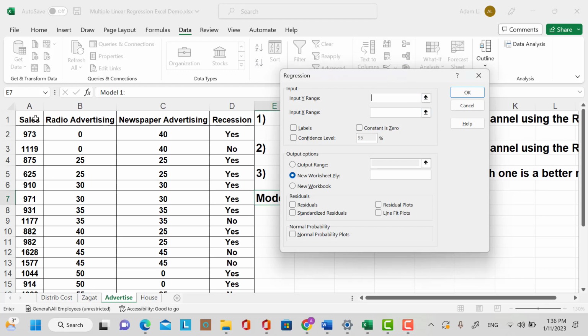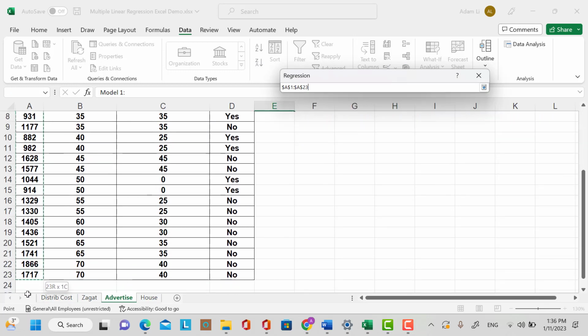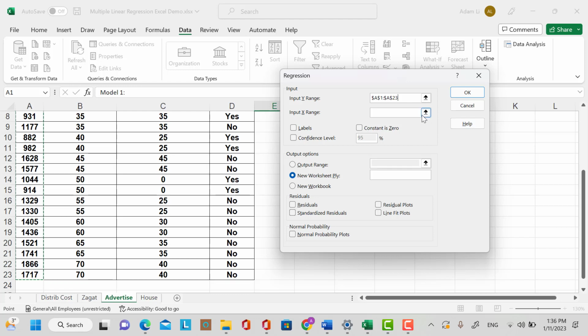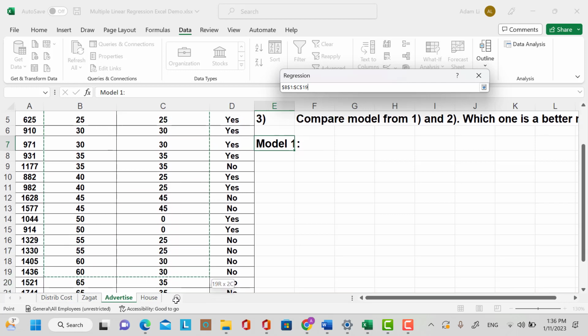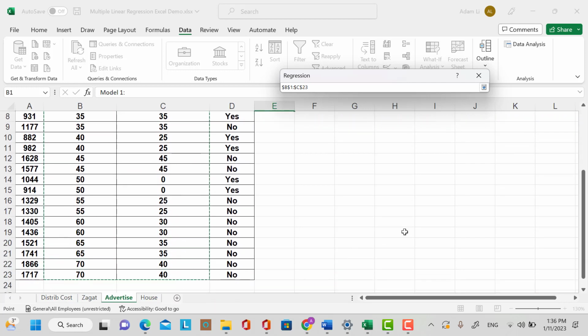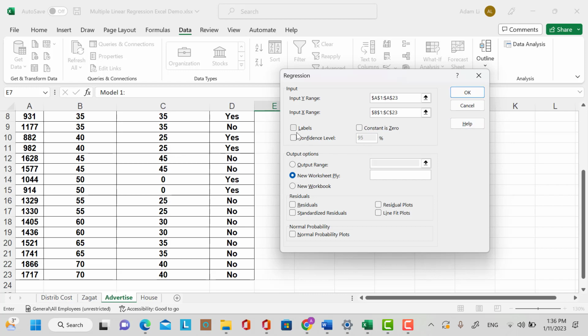From here, first we will look at the Input Y Range. The Y values are sales, because we predict sales. And for the Input X Range, we have two: radio advertising and newspaper advertising, both of them. We are including the title labels, and the confidence level is 95%.